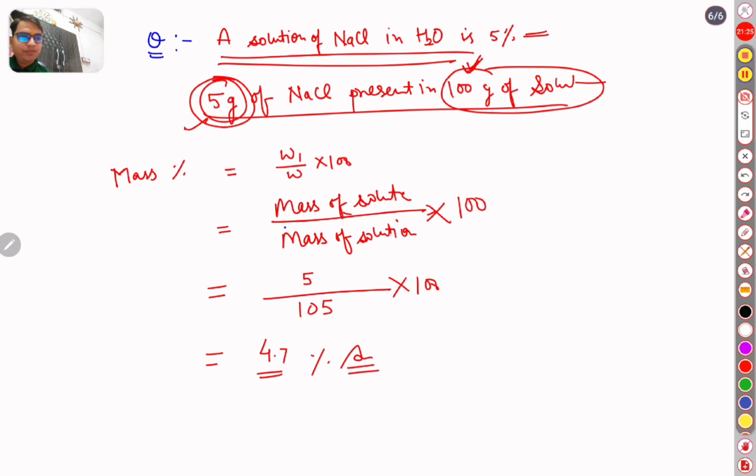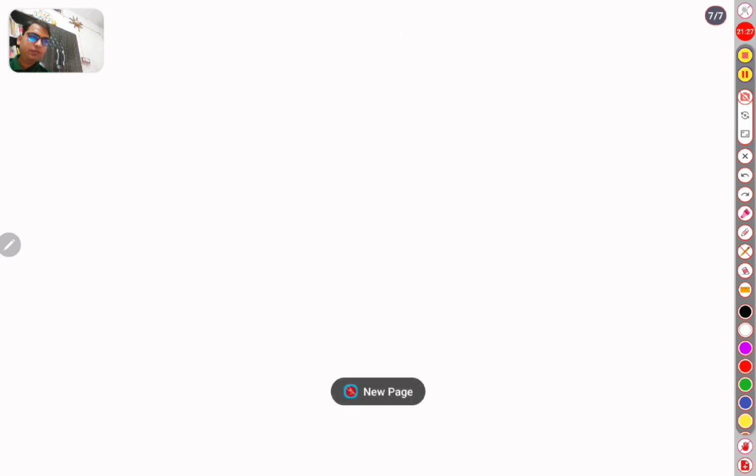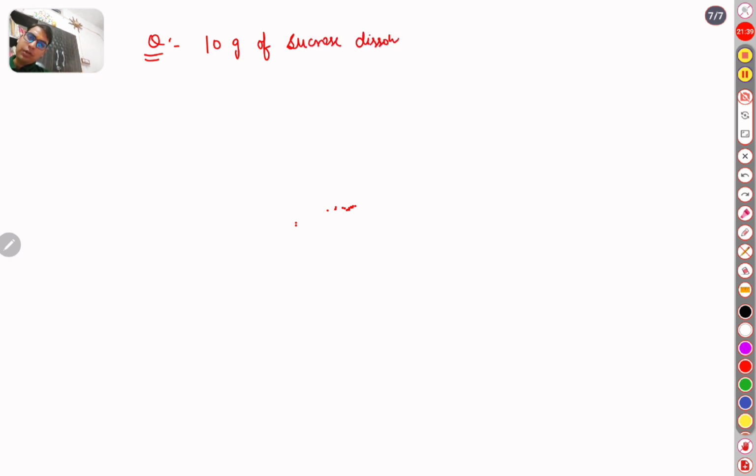The next question is: 10 gram of sucrose dissolved in 100 gram of H2O. Find W by W, mass by mass, weight by weight percentage.